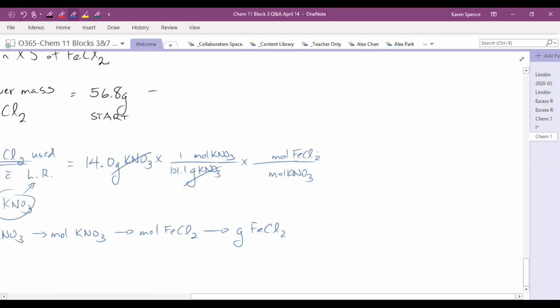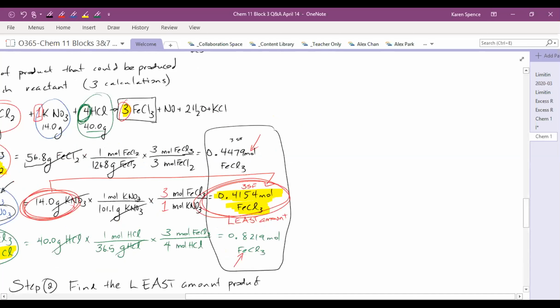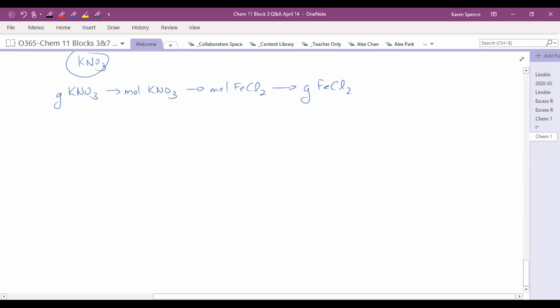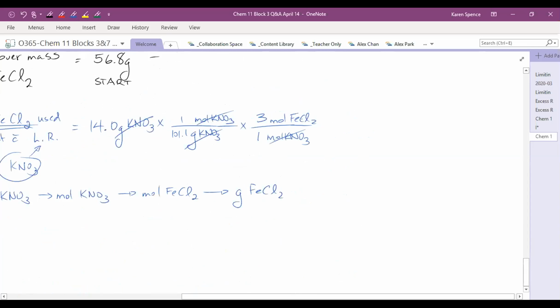We can go back to our balanced reaction, which is way the heck up here, and see that the KNO3 has a 1 and the FeCl2 has a 3. Okay.